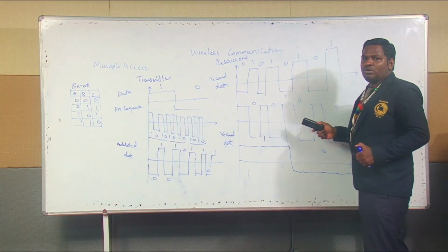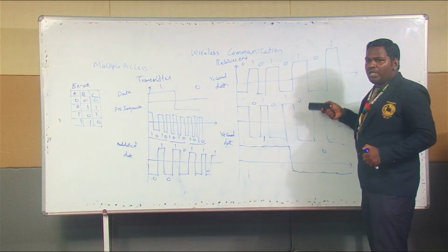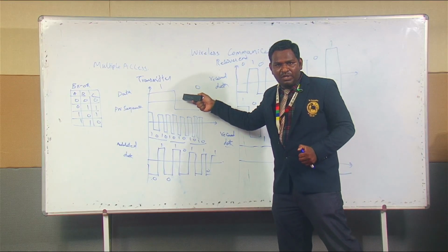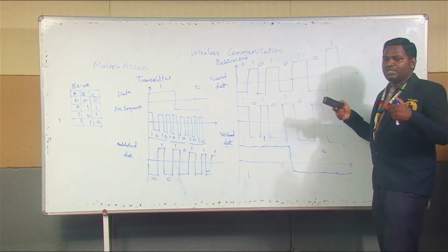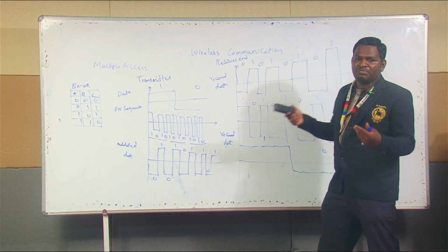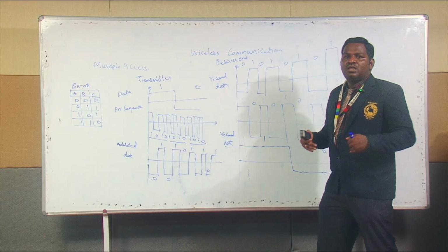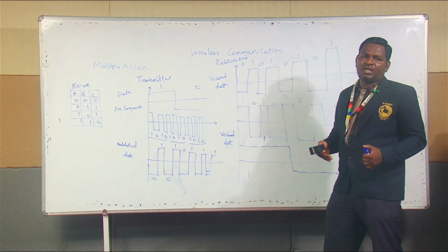Since we are using the same PN sequence, when you decode, you will be able to get the actual transmitted data. Since I told you this comes under spectrum communication, the data will be transmitted with more bandwidth than the minimum bandwidth requirement for its transmission.